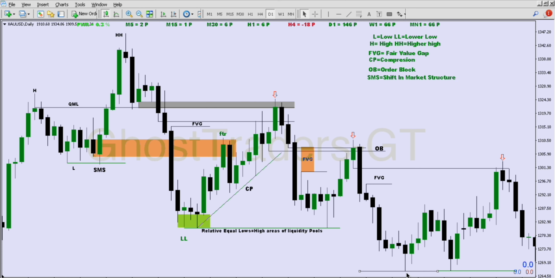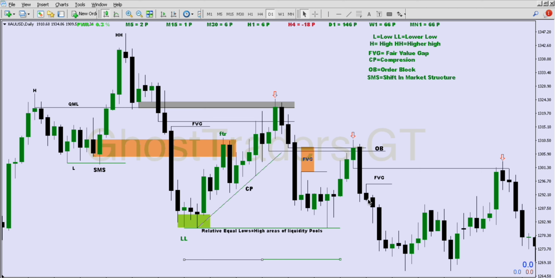So imagine if you put your take profit here, price doesn't even take your take profit and then it changes direction. So to be safe, just put your take profit on these bodies of the candles. That's the same thing that you get to see here.